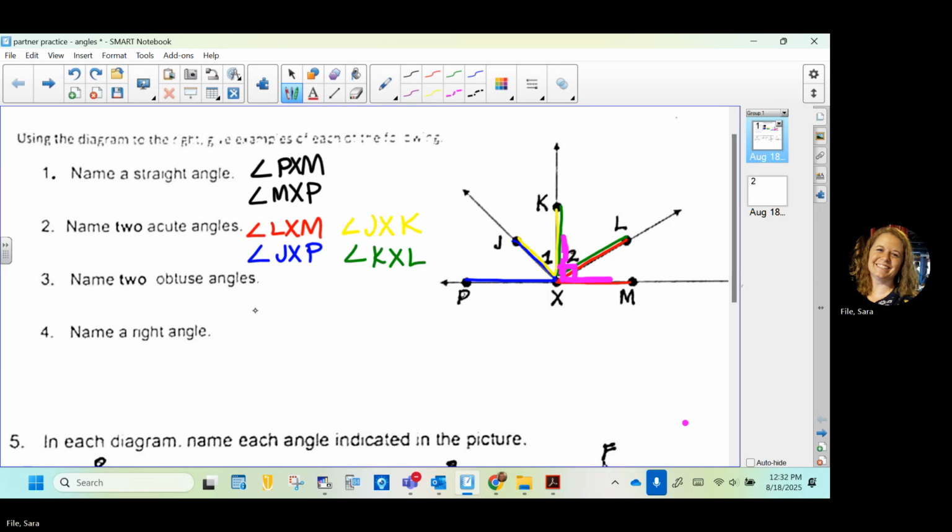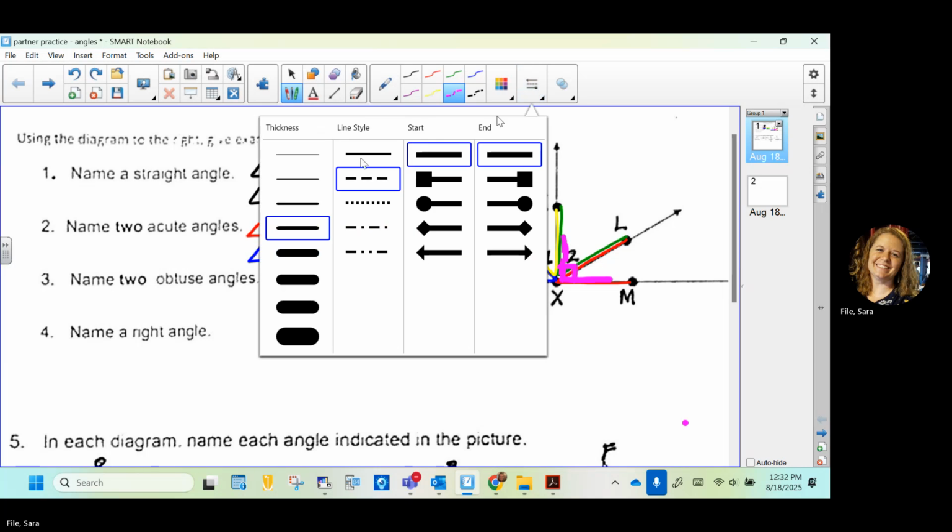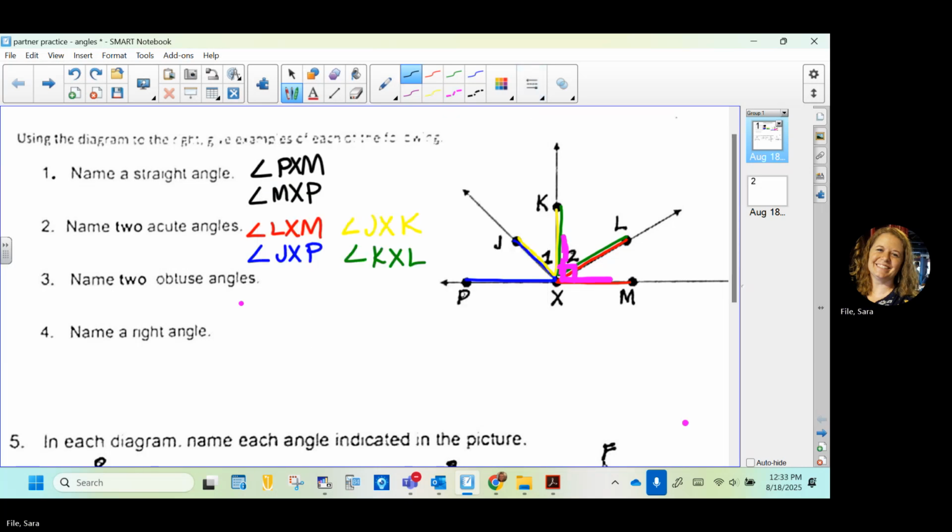Oops. This is supposed to not be dashed. Still dashed. Cool.